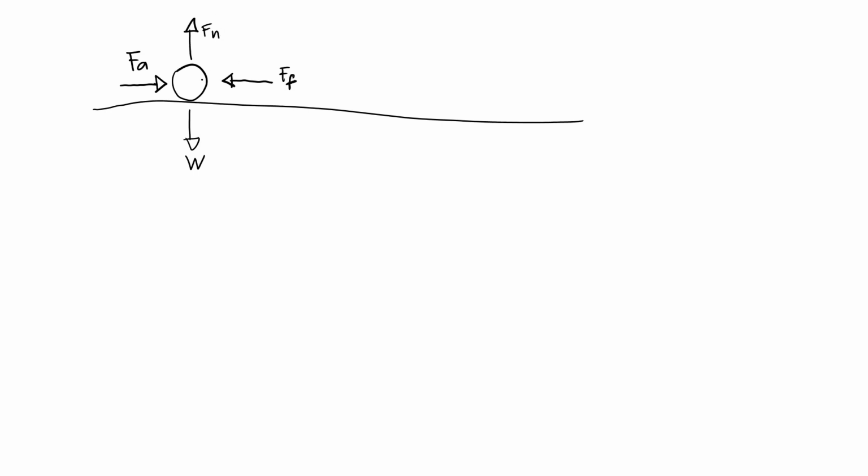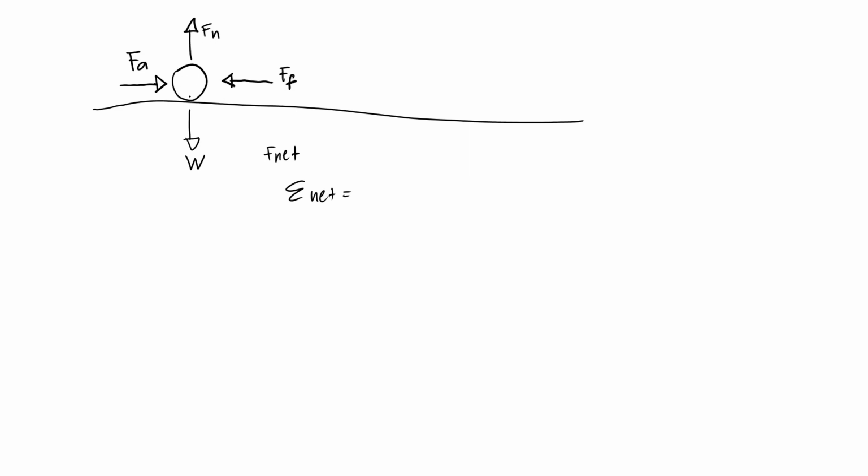So those are the forces on the object. In getting the net force, it is the sum of all the forces acting on the object, so we can simply add all the forces.